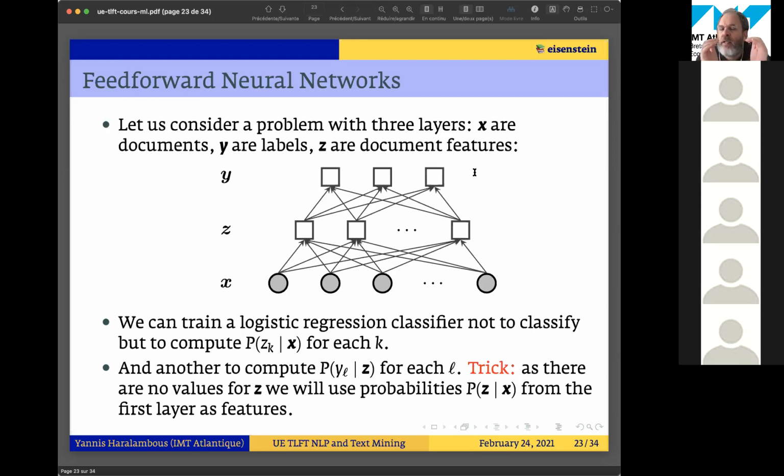So you have Y, which are your classes, for example, good, not good, or if it's a forum, then culture, sports, news, etc. And your words X have some features, which we will call Z. For example, a feature can be a positive adjective, so an adjective with a positive sentiment attached to it.